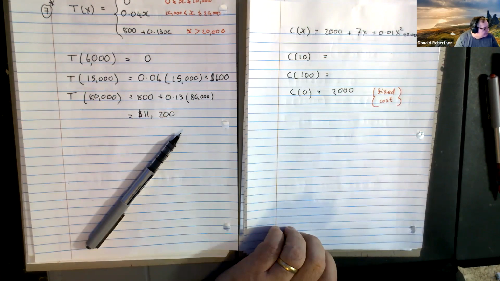So it's 2000, add 7x, add 0.01x, add 0.12309.